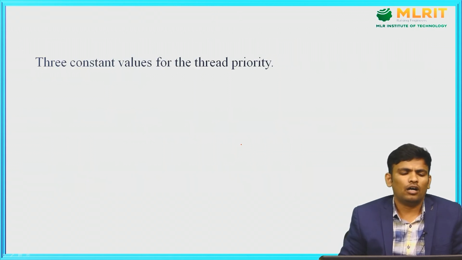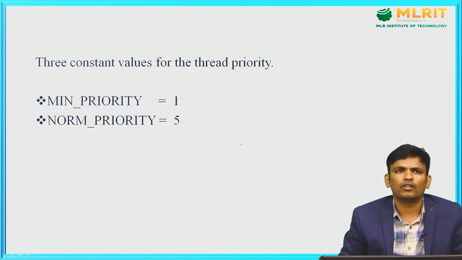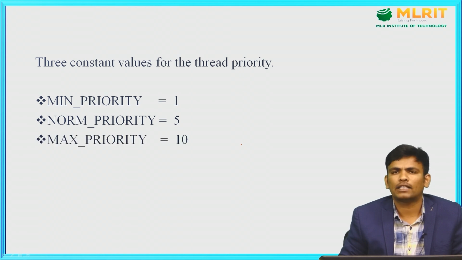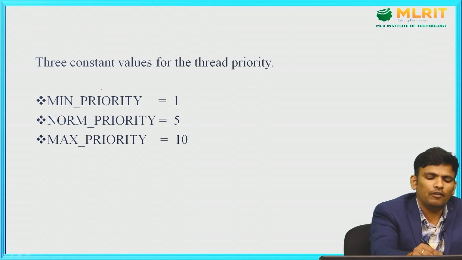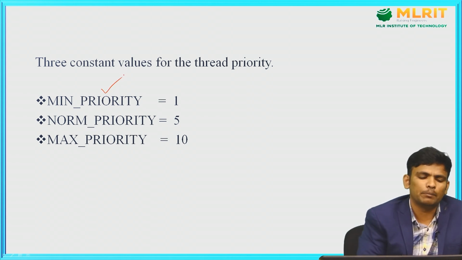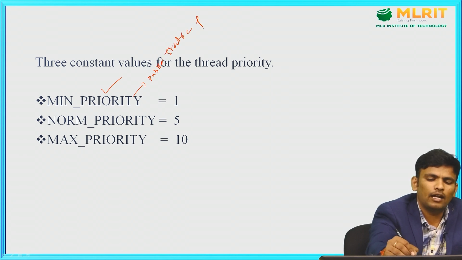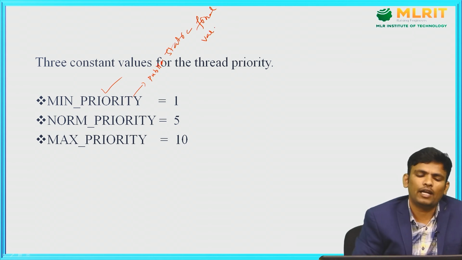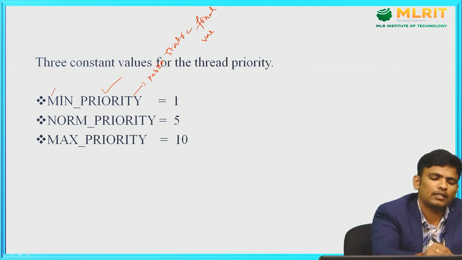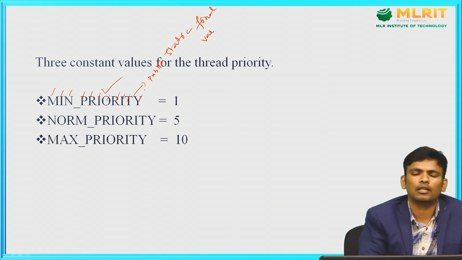Here, three constant values are there in thread priority: MIN_PRIORITY, NORM_PRIORITY and MAX_PRIORITY. These are public static final variables, so every character must be in uppercase.